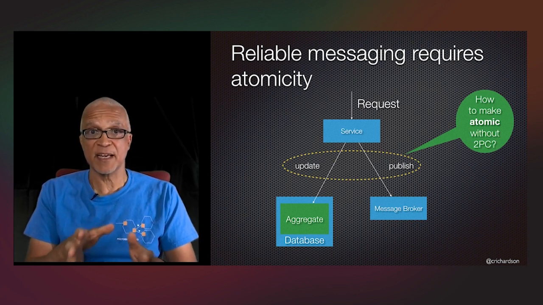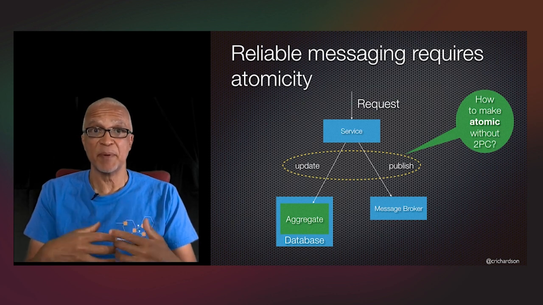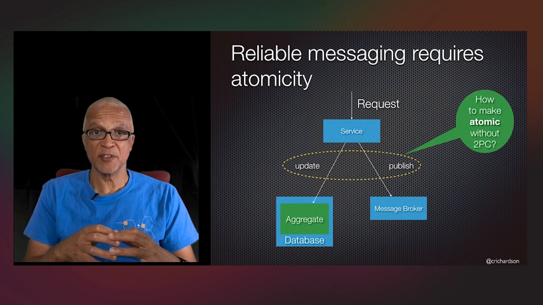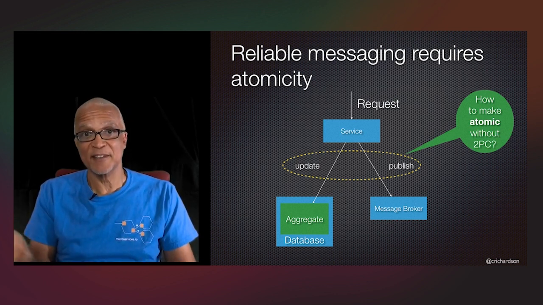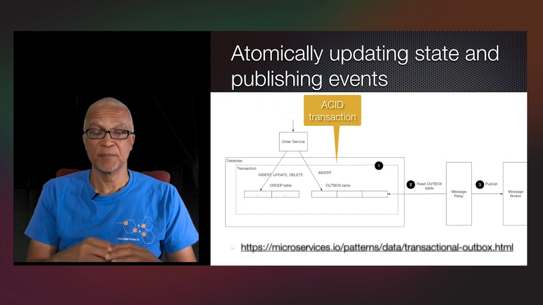If only one of these actions occurred, the application would be in a permanently inconsistent state. The traditional approach is to use a distributed transaction spanning the database and message broker. However, since that's another form of runtime coupling, that's best avoided.